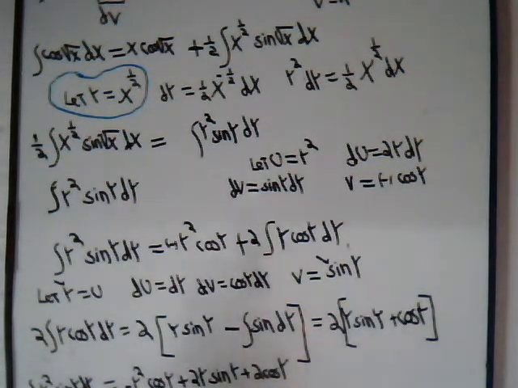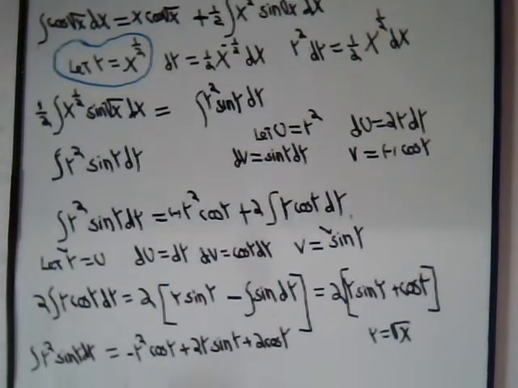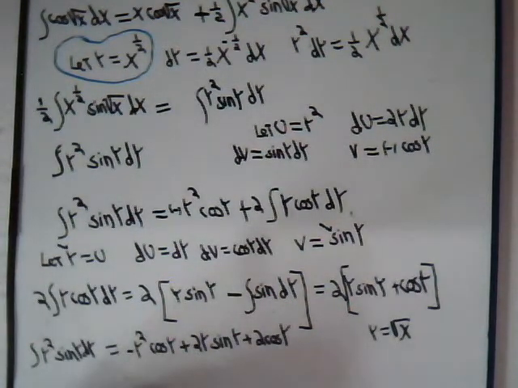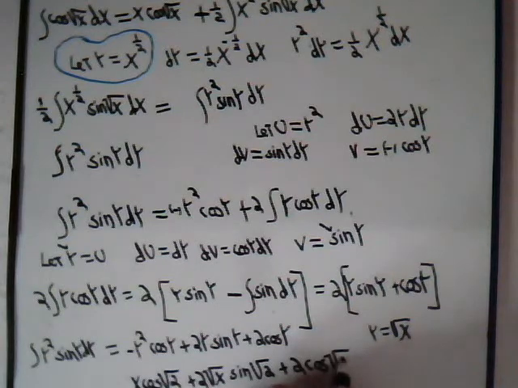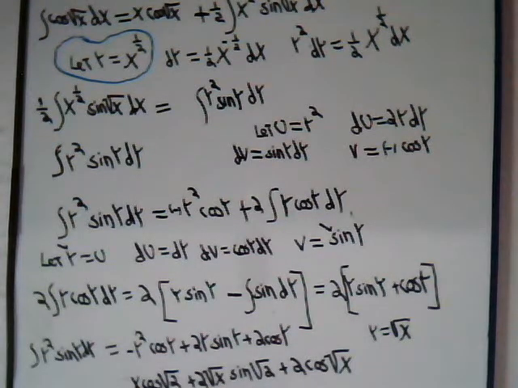Let's just start this over. y equals the square root of x. That was our substitution. So let's see, we're going to have minus x times the cosine of the square root of x plus 2 times the square root of x times the sine of the square root of x plus 2 times cosine of the square root of x.